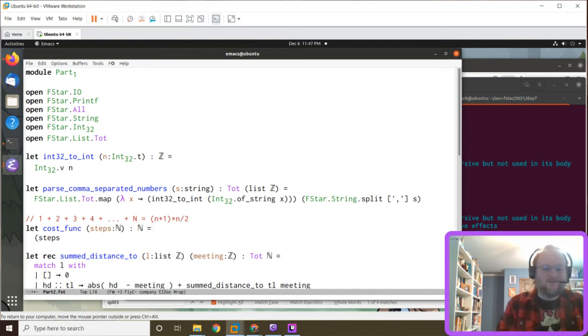That's Gauss's formula, according to the no doubt apocryphal story of him summing the numbers 1 to 100. All right, steps plus 1.